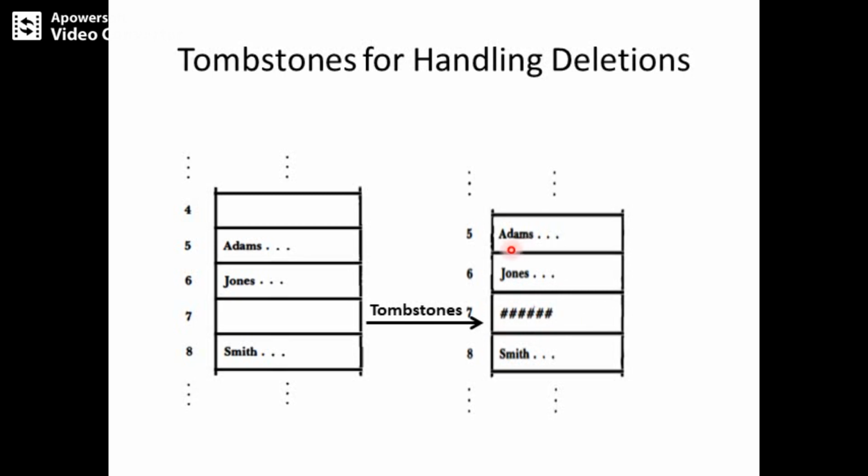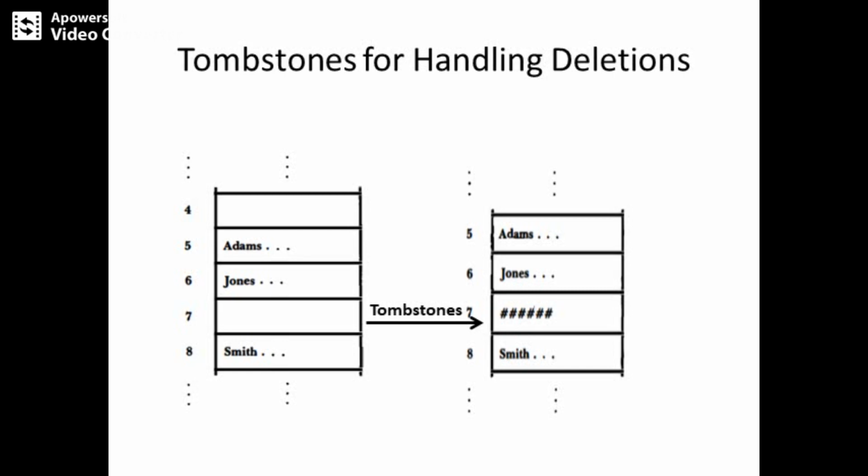It will start searching from Adams, no match, Jones, no match. It will come to this position. There is some data, hash. It will be considered as a character. So Smith compared with these characters, no match. It will go to the next position and there is a match. So our problem got solved now.